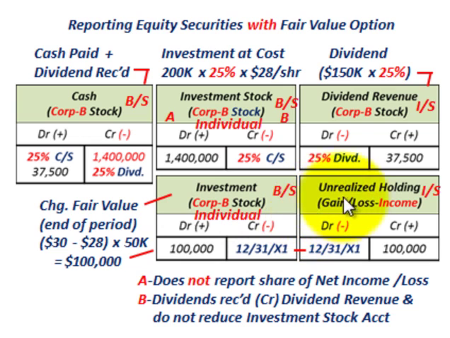And then the other thing is any changes in your investment account get recognized as unrealized holding gains or losses as income on your income statement. So I guess that summarizes what we're talking about with this fair value option versus the equity method, when we would normally have to be recording our investment using the equity method.